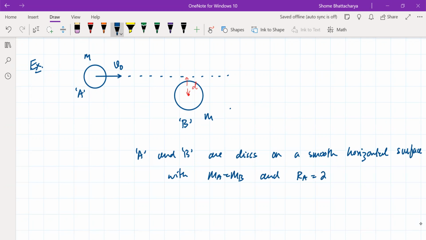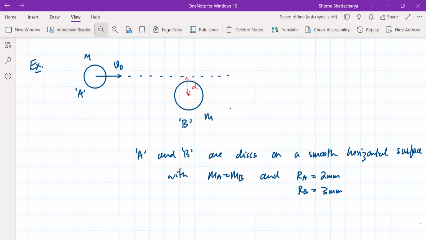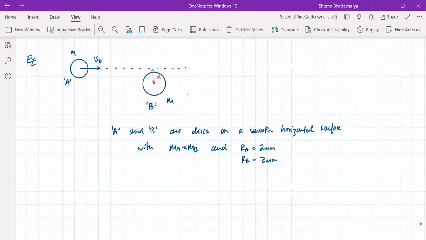Radius of A is 2 millimeters and radius of B is 3 millimeters. So they are made of different materials. That's why even though the radius is different, their masses are the same. B is initially at rest.